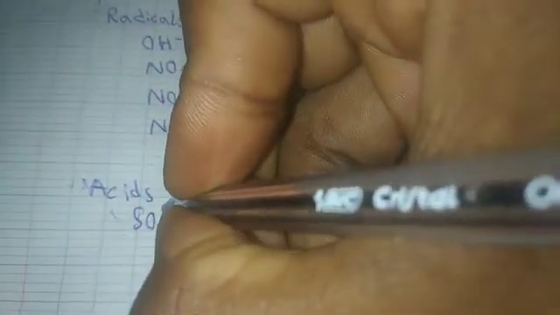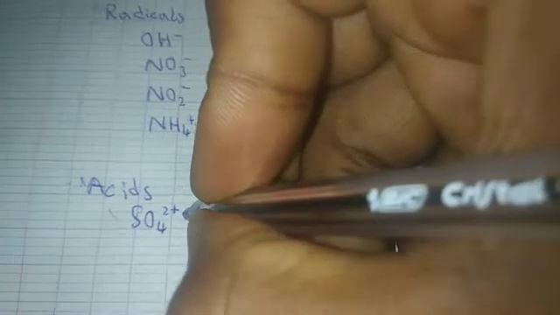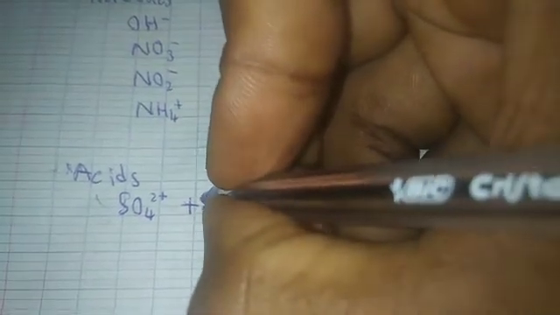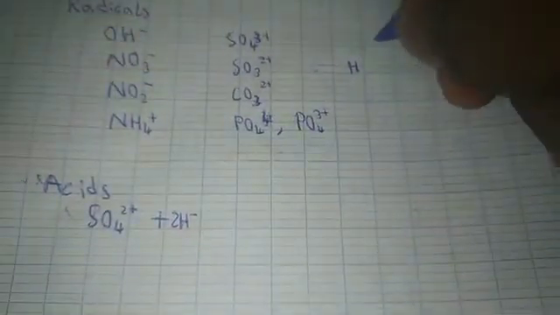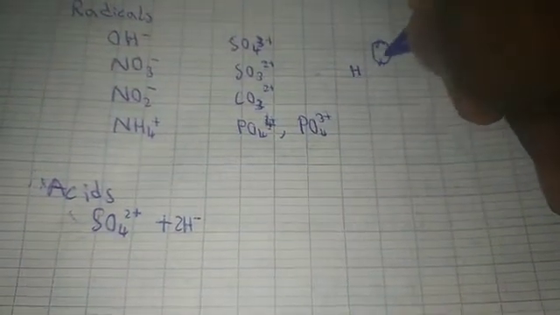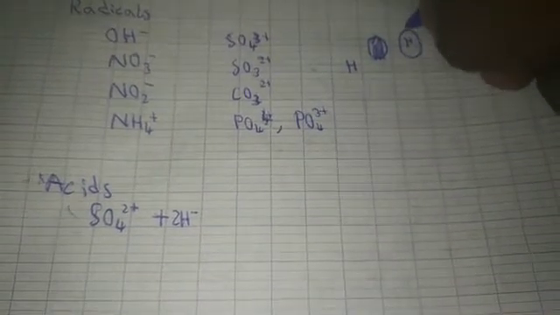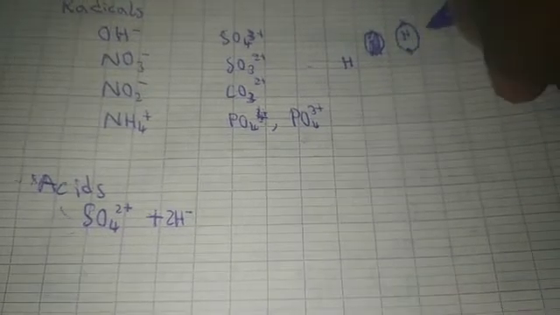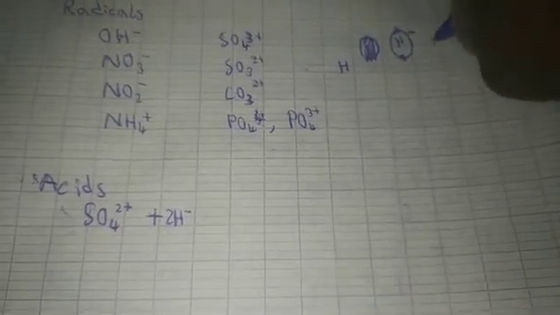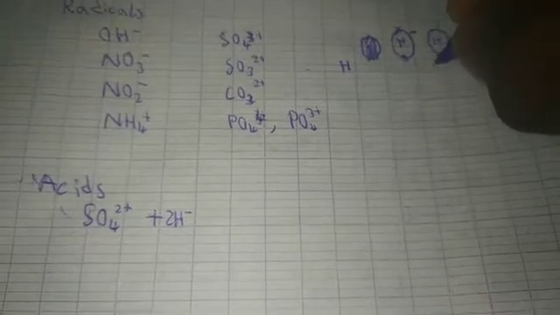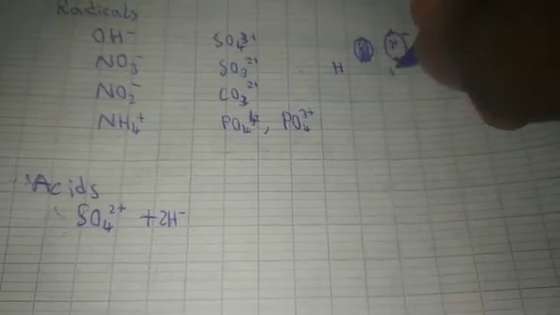So for the chemistry of acids, take the normal radicals, for example sulfate, which is the normal state of sulfur and oxygen in the radical form. We get actually 2 hydrogen ions. Remember, hydrogen has 1 electron in its outermost shell, which means it can gain an electron to become minus, or lose its electron and become positive.